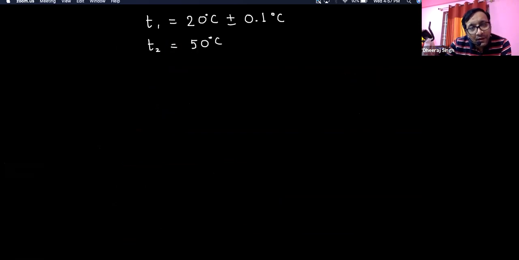So if temperature T1 is 20 degrees Celsius plus minus 0.1 degrees Celsius and T2 is 50 degrees Celsius plus minus 0.1 degrees Celsius, then what is T1 minus T2?